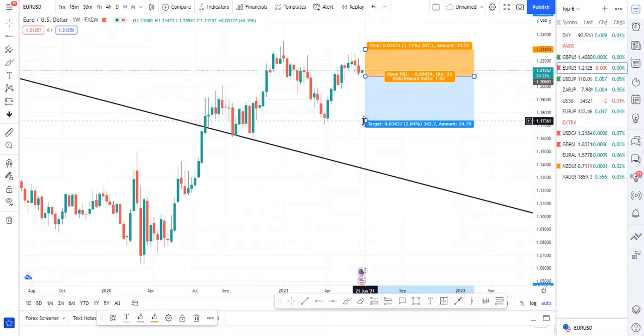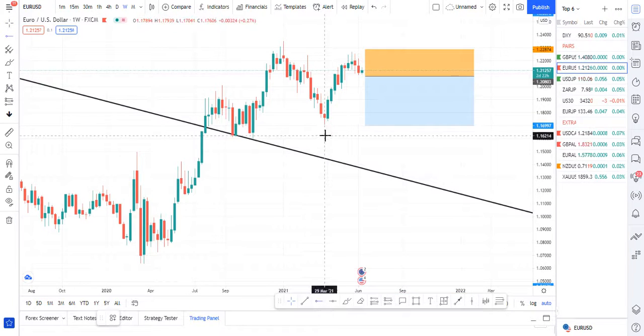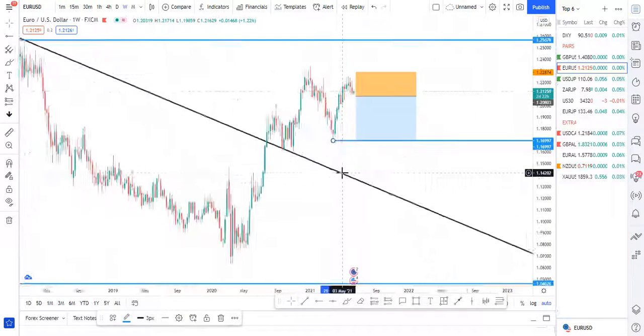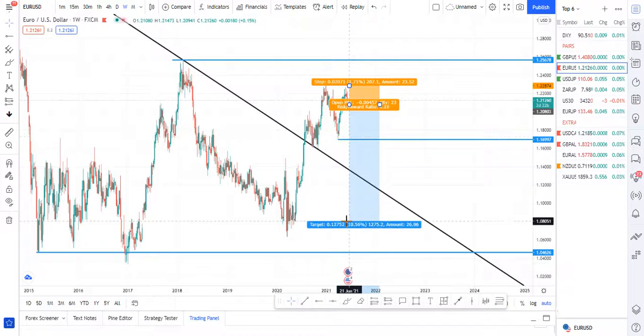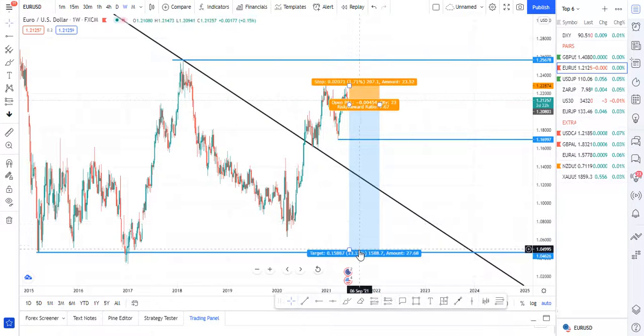Then I'll take this and take it here, making this my first take profit. And also I'll even take it up a notch until down here, so I can take sells and sells and sells as the weeks go by and buy it here.